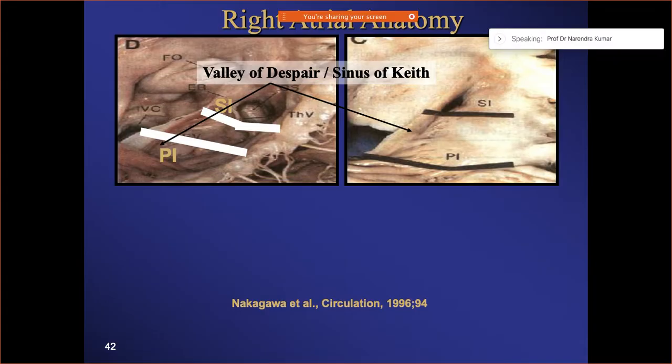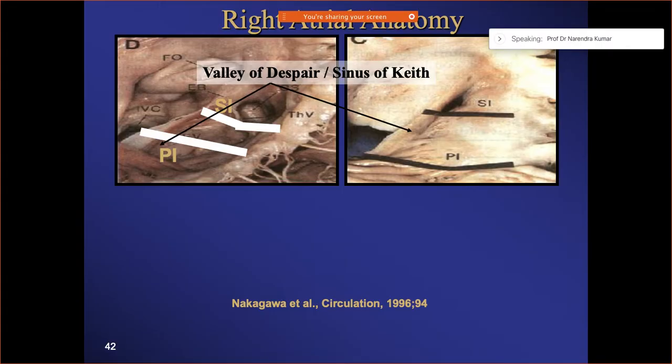The SI lies between the tricuspid annulus and the CS os, and the PI lies between the TA and the IVC. This isthmus has non-conducting barriers on each side. On one side is the eustachian ridge or valve, and on the other the TA. Thus, the conduction travels through a narrow passage, the isthmus, between those structures, and this allows reentrant arrhythmias to occur.